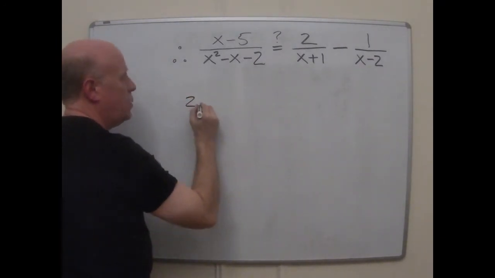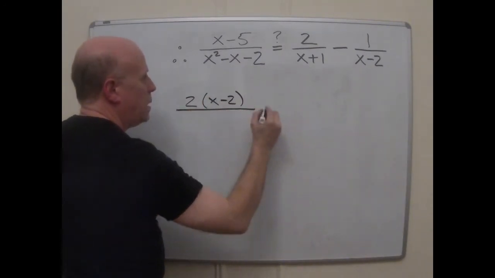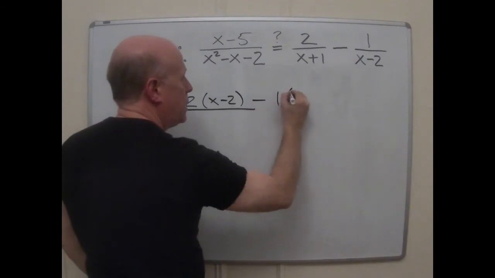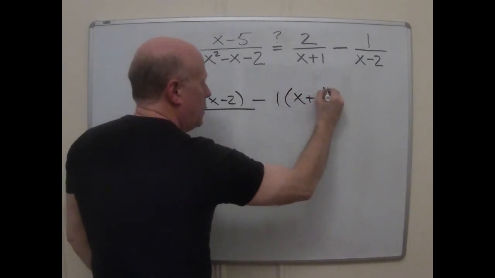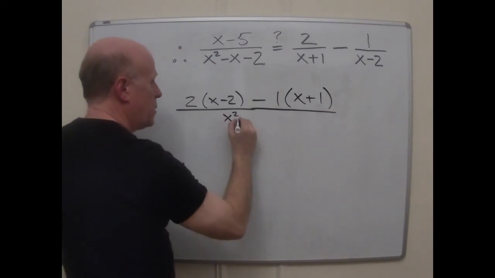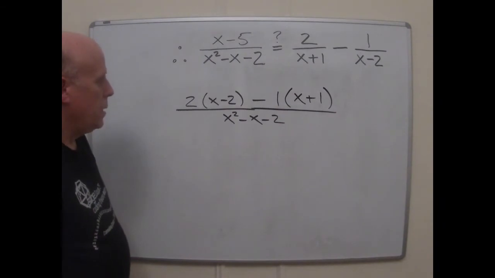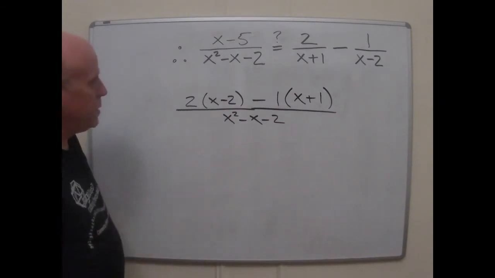I'd get 2 times x minus 2 minus 1 times x plus 1. Both of those would be designed to be over the denominator we've got there, x squared minus x minus 2. Yeah? So what is this?